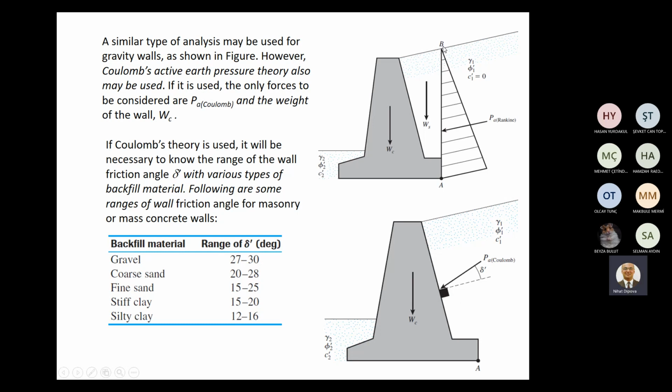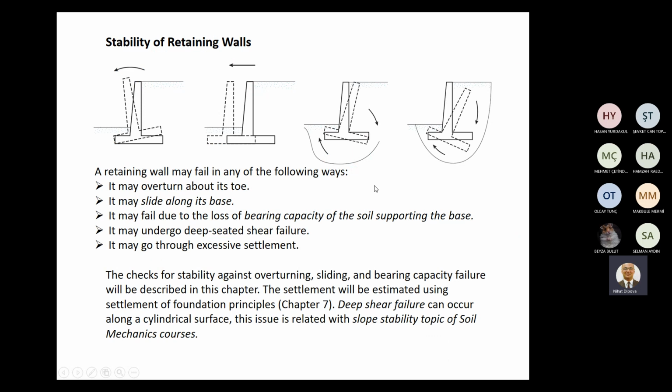In Rankine theory, we analyze only on this plane, A through B, and we assume the friction angle between wall and soil is 0. But in Coulomb theory, this friction angle is taken into consideration, and average values of this friction angle are given in this table. But in this lecture, we will focus on the Rankine procedure.